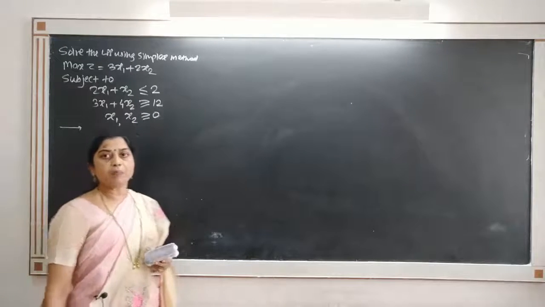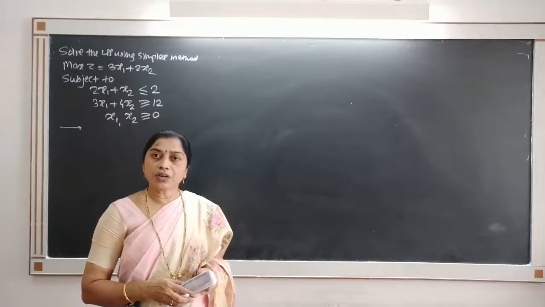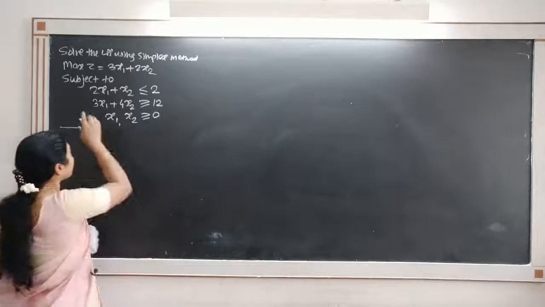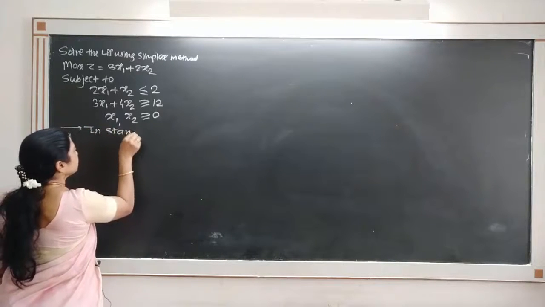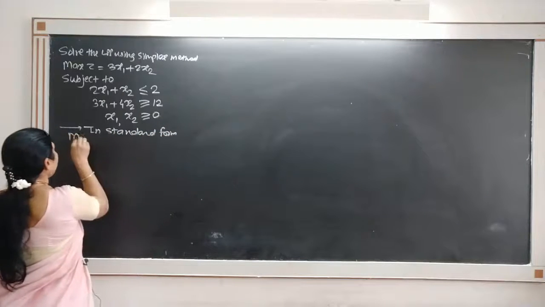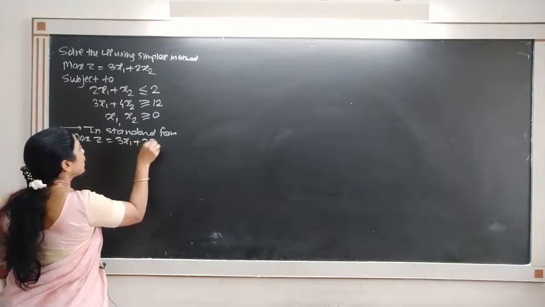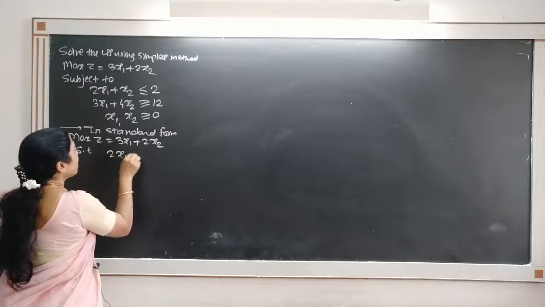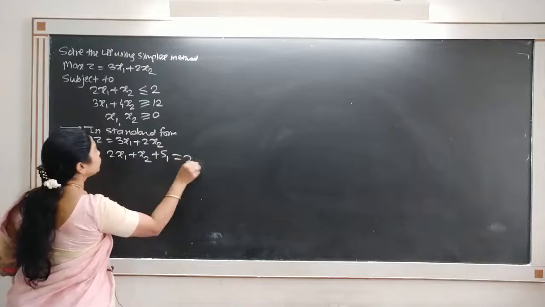To solve the LPP by simplex method, our first step is to write down the problem in standard form. So consider the standard form. Maximize z is equal to 3x1 plus 2x2 subject to constraints 2x1 plus x2 plus s1 is equal to 2.